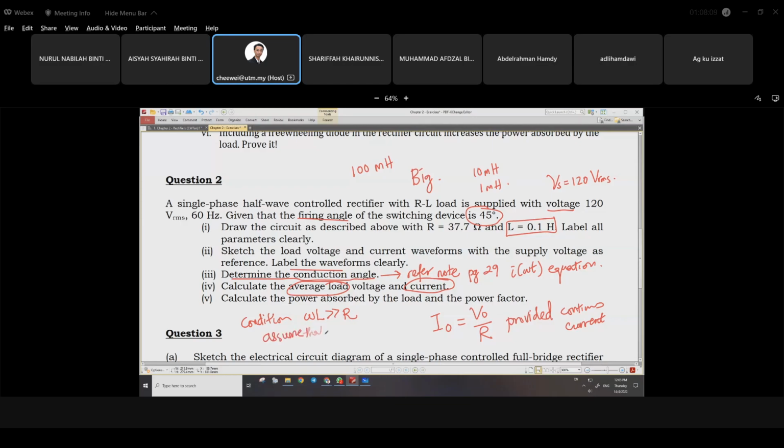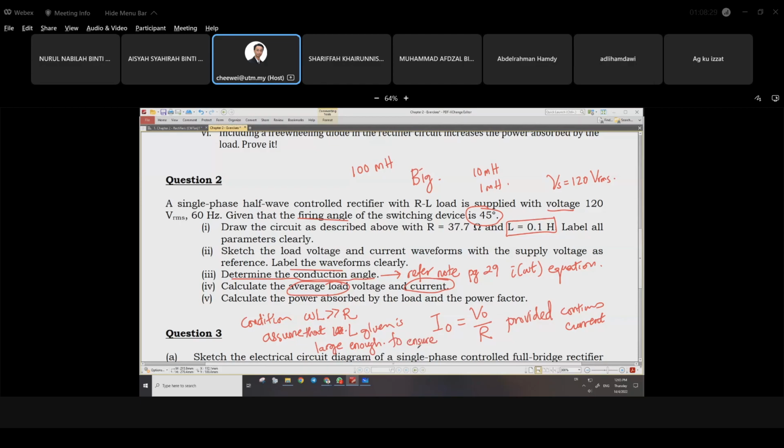But you can make your assumption, like assume that the L given is large enough. How do I know? I don't know, I just assume. Assume that the L is large enough to ensure continuous current, I put this sentence so that I'm safe.